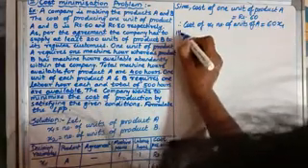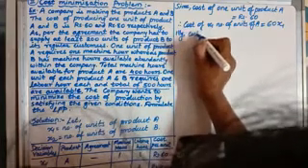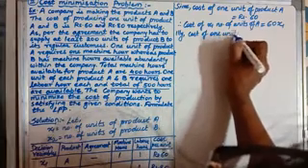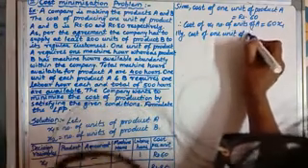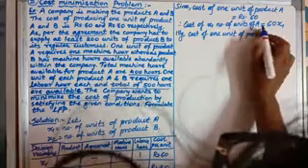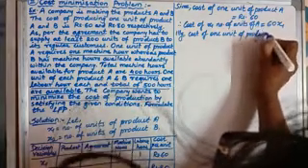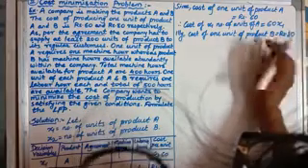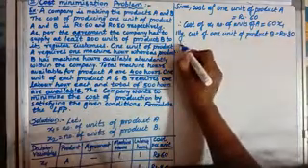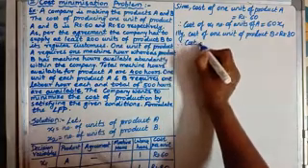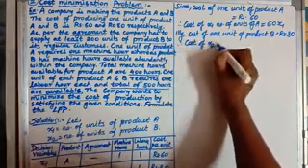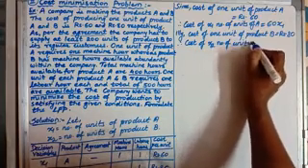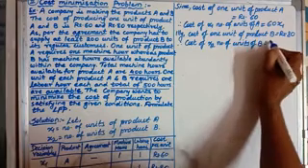Similarly, cost of 1 unit of product B equal to rupees 80. Therefore, cost of x2 number of units of B equal to 80x2.